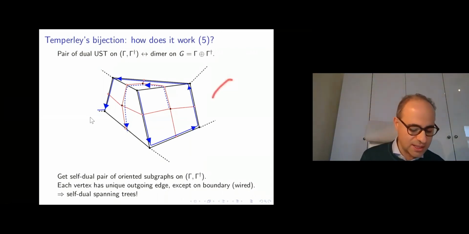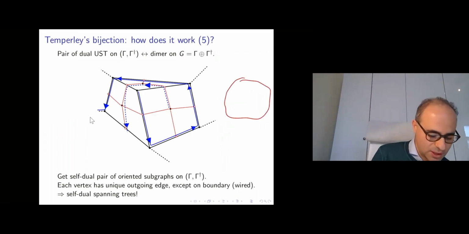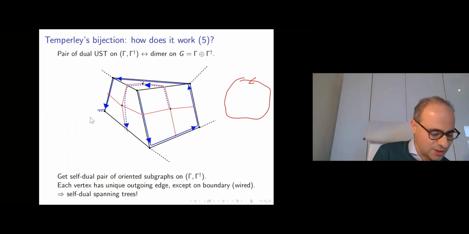But what you can see is that it's just not possible to have a cycle, because if there was a cycle in one of those like that, then somehow there's the dual guy inside, and the dual guy cannot come out. So this means also the dual must form a cycle.